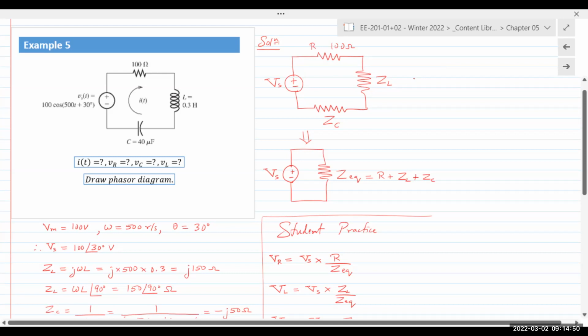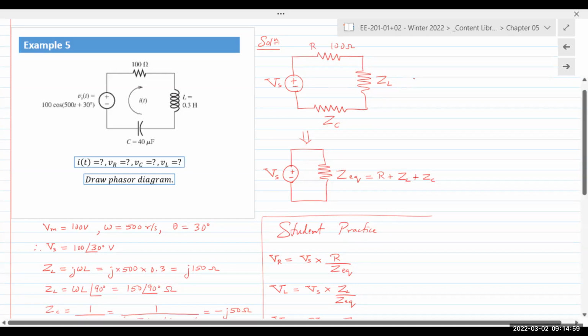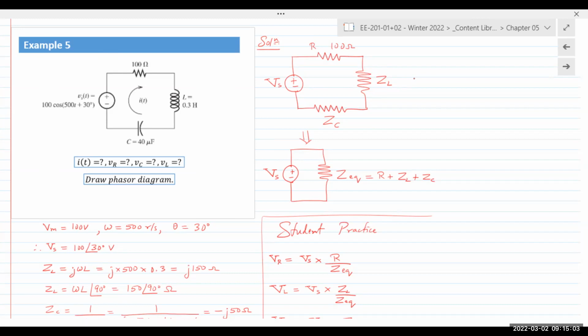The real number in the impedance represents the resistance, and the imaginary number in the impedance represents the reactance of the inductor and the capacitor. Again, remember, in circuit analysis, everything is theoretical. Everything is hypothetical, meaning all components, all quantities are ideal. So an ideal resistor does not have reactance. An ideal inductor and an ideal capacitor do not have any resistance.